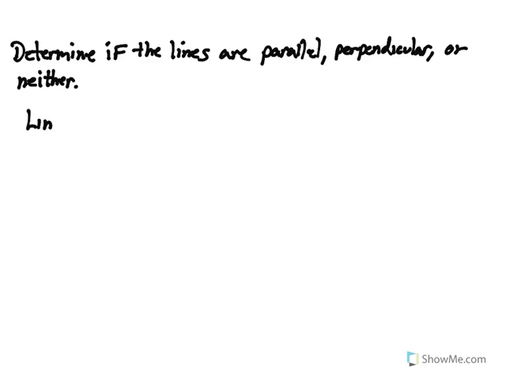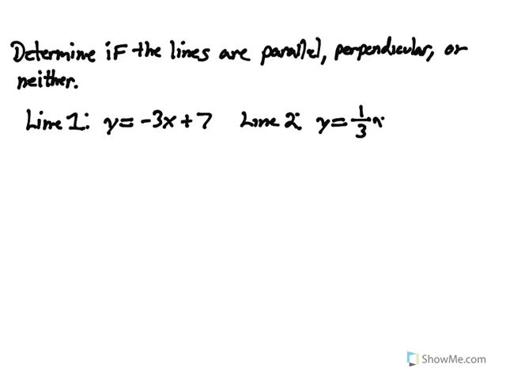So we'll designate line 1 as y equals -3x + 7. And then line 2, we will call that y equals 1/3 x - 4. All right, so those are your two lines that we're going to have.